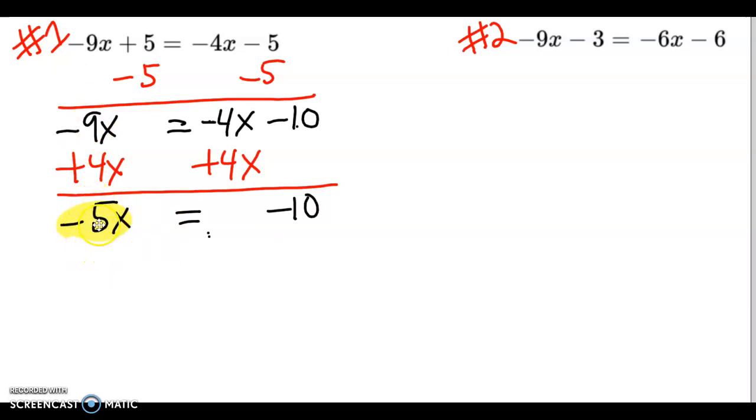So my variable term is on the left. Now I'm just going to divide by the negative 5. That's going to leave me with x is equal to 2. Alright, let's take a look at another example.